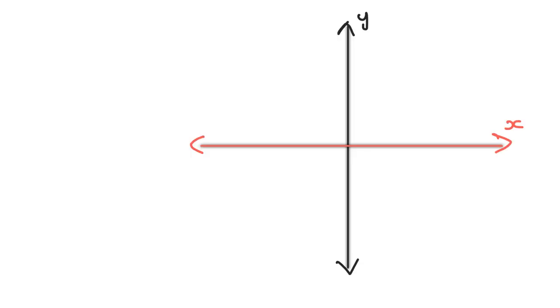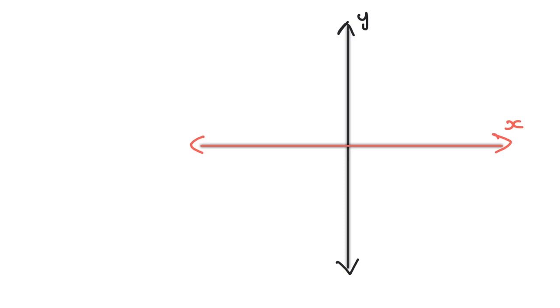Before we get into understanding the concepts presented in this lesson, let's first review our basics. We know what a coordinate plane is, the x-axis and the y-axis. For any point, the distance from the y-axis is called the x-coordinate.